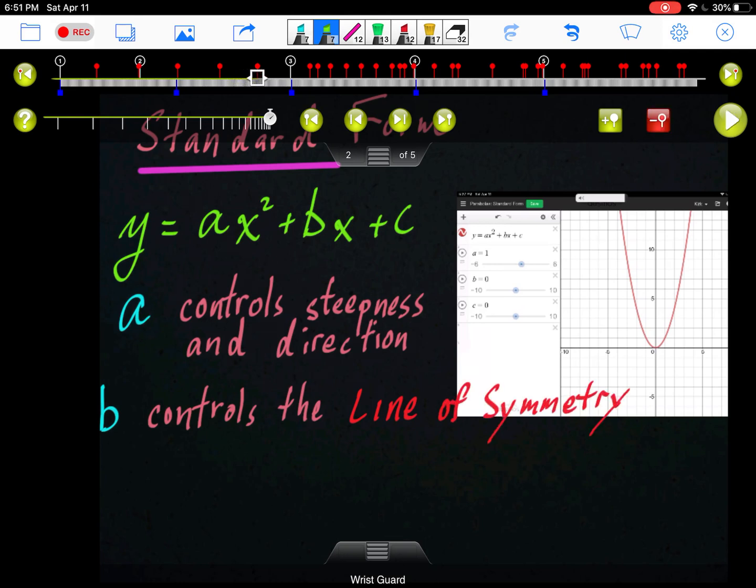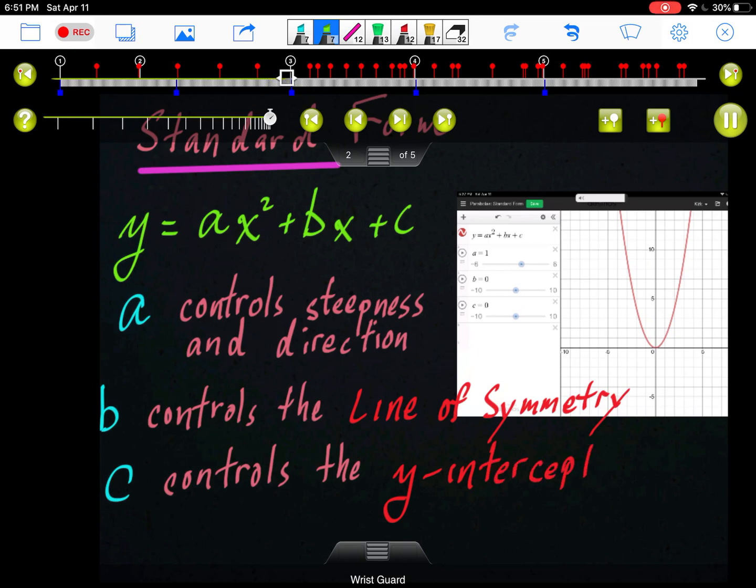Now that's something that, without knowing anything about the line of symmetry, nobody would have ever guessed. So that's a pretty hard thing to see from that. But that's what we're looking at here in this video. That's kind of the step up. Here is that line of symmetry that we're talking about. But C, as many of you did notice, controls the y-intercept of the graph, and it's pretty straightforward how it does that. So let's take a look at a couple of examples.